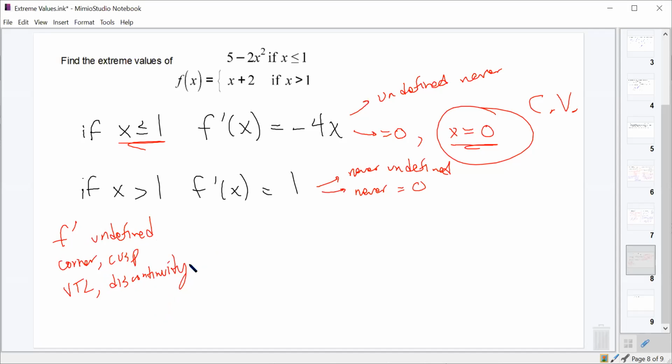Okay. So we need to check and see if any of those things are happening at x equals 1, where the two pieces of our piecewise function meet up, and see if the derivative is undefined there. Because if the derivative is undefined at 1, then that's a critical value that we need to be interested in as well. Everybody good with that?